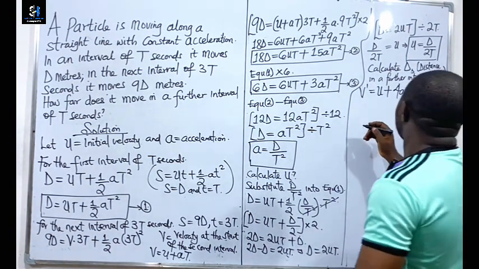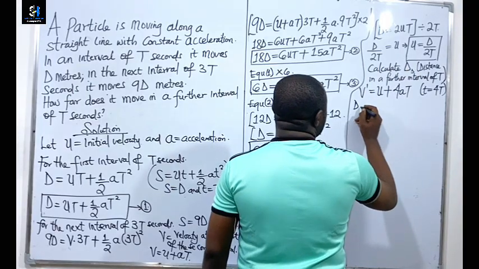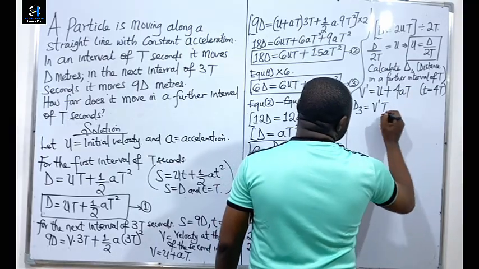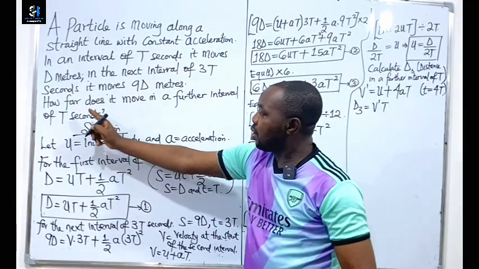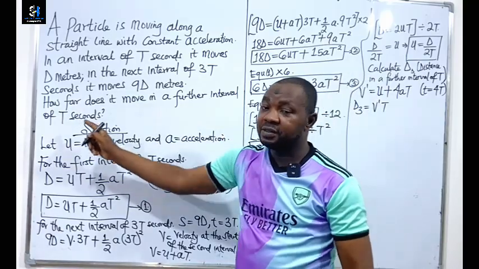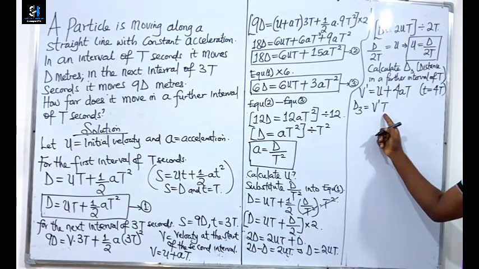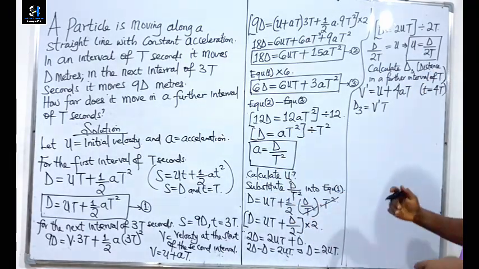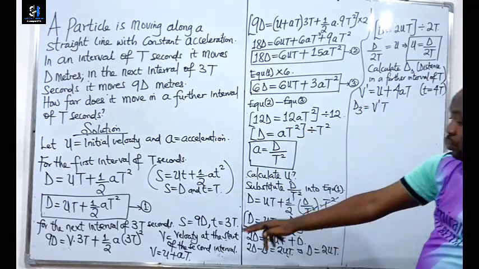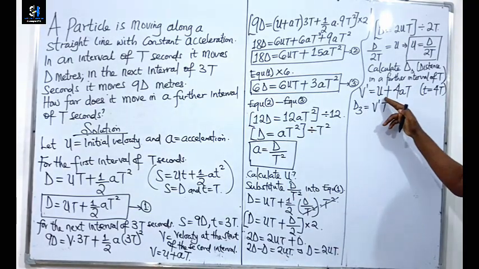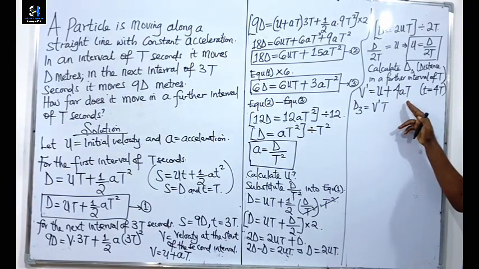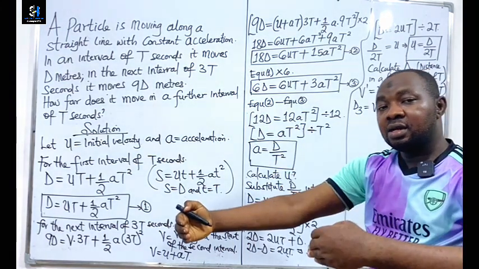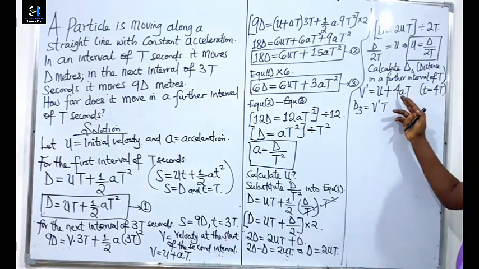So the distance d3 will be v prime multiplied by t, because it says in the question, how far does it move in a further interval of t seconds. So the time will be t, but the velocity at the start of the third interval will be v prime, just like I used v. So v prime equals u plus 4at. Why is it 4t? Because the next interval after an interval of 3t seconds will be 4t.